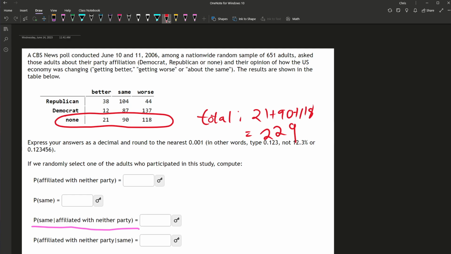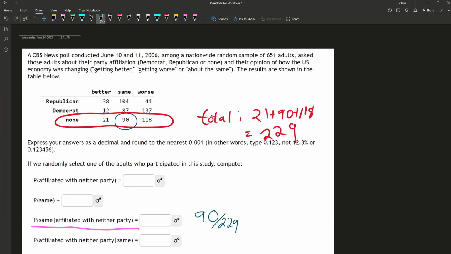And we want to find the probability that someone believes that the economy is the same, given that they are affiliated with neither party. Now we just have to find the overlap of the none and same, which is just this 90. So in this case, this is 90 out of 229.